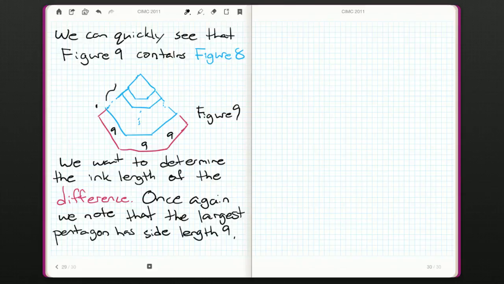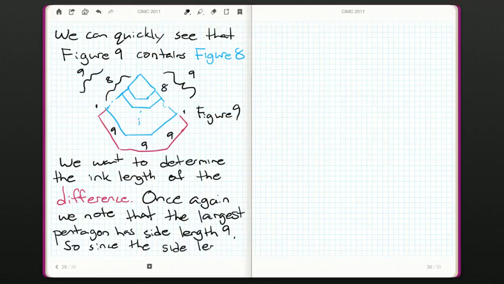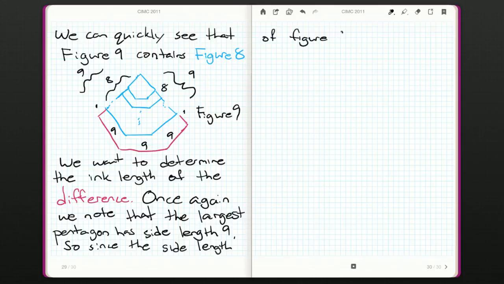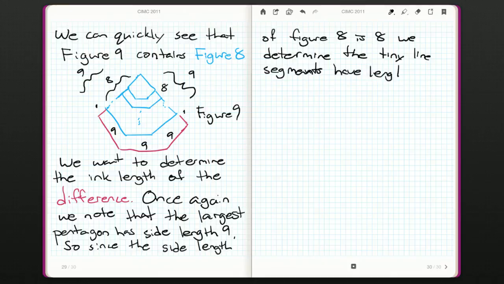This little extra bit will always be 1, because this is 8, and the total side length has to be 9. 1, 8. So we have a length of 1.